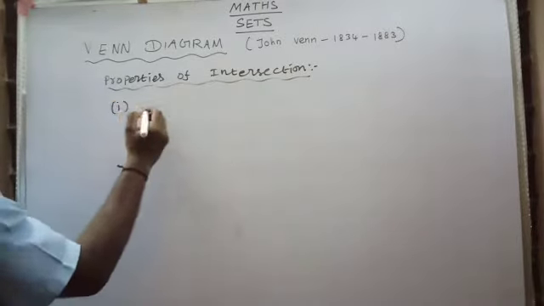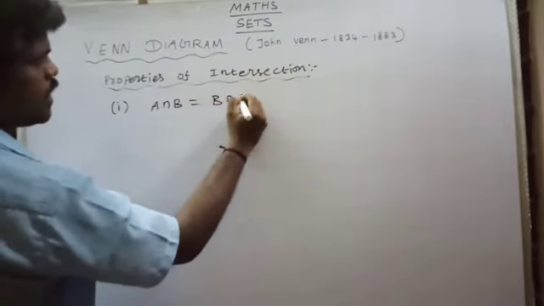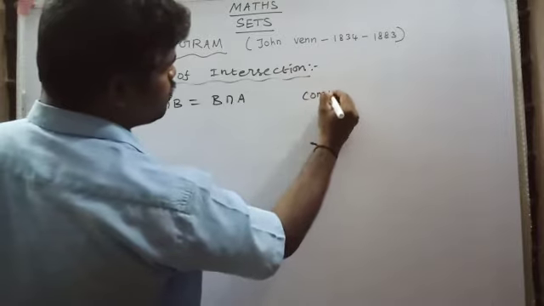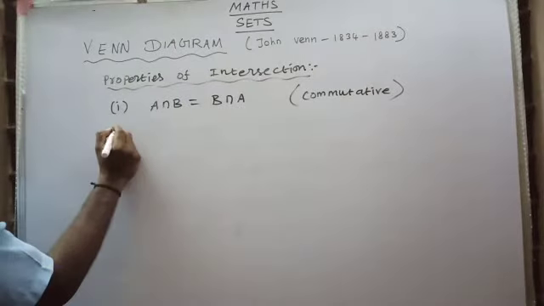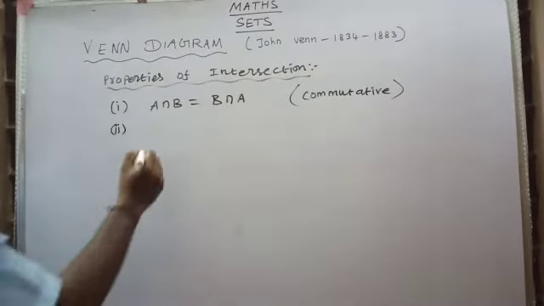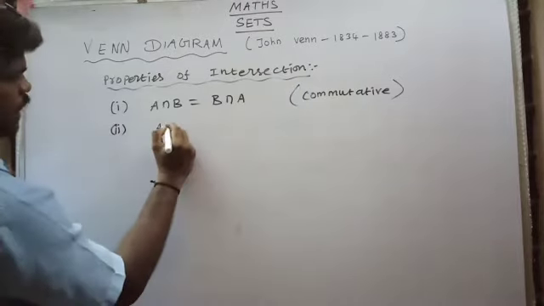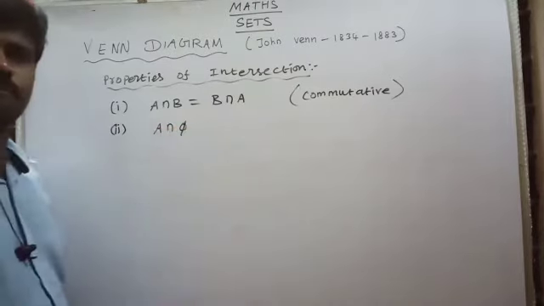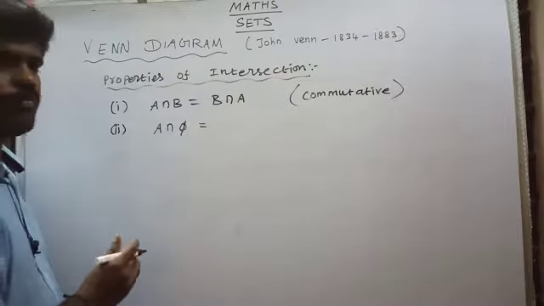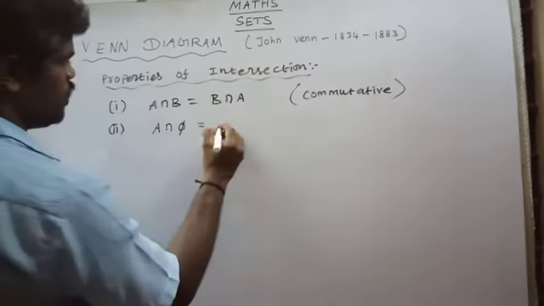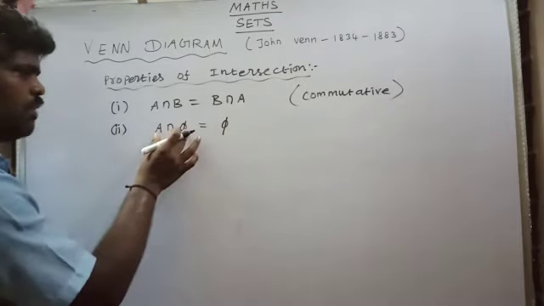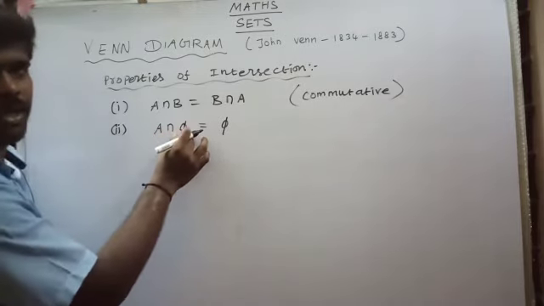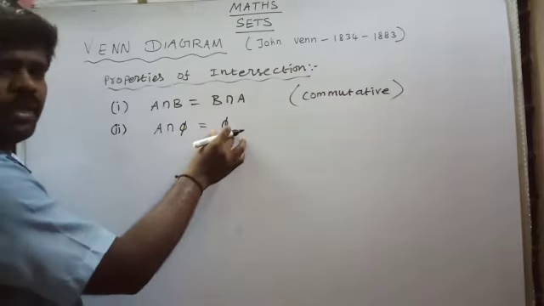First one, commutative property: A intersection B equal to B intersection A. And number 2, A intersection phi is equal to phi, because both have common elements in phi only, because it is an empty set. So the answer will be the empty set.